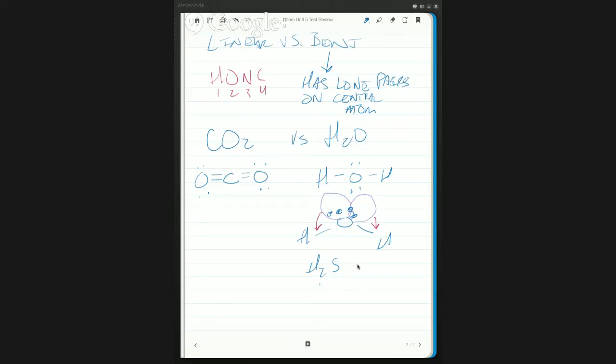Anything with a sulfur or an oxygen, SE, TE as the central atom is going to be bent because they're going to have 2 lone pairs on the central atom, and so it's going to make it bent. All right. So that's how you would decide if it's linear or bent. Having those lone pairs. That's the quick and easy way to look at that.